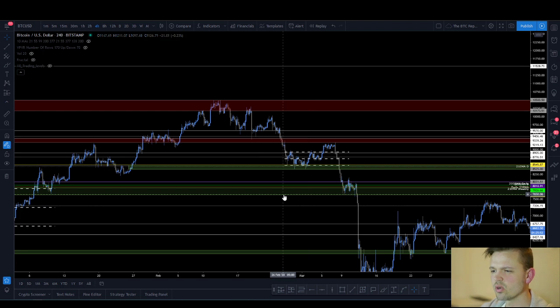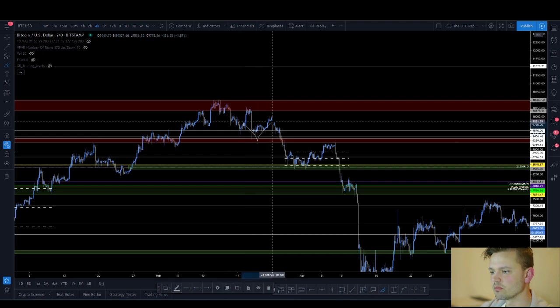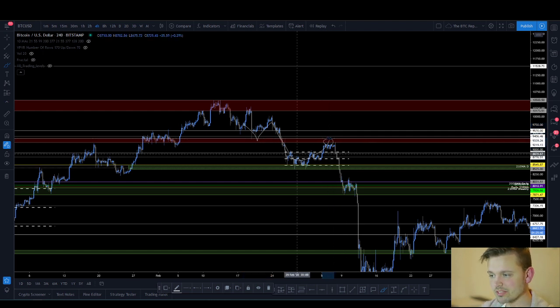It's so simple to trade it. You get a bounce here, support is broken, you wait for a retest. You short this level because now the market has accepted Bitcoin below this support. Next time you come up and test it, it will likely get rejected, right? You short here for a move down, right?